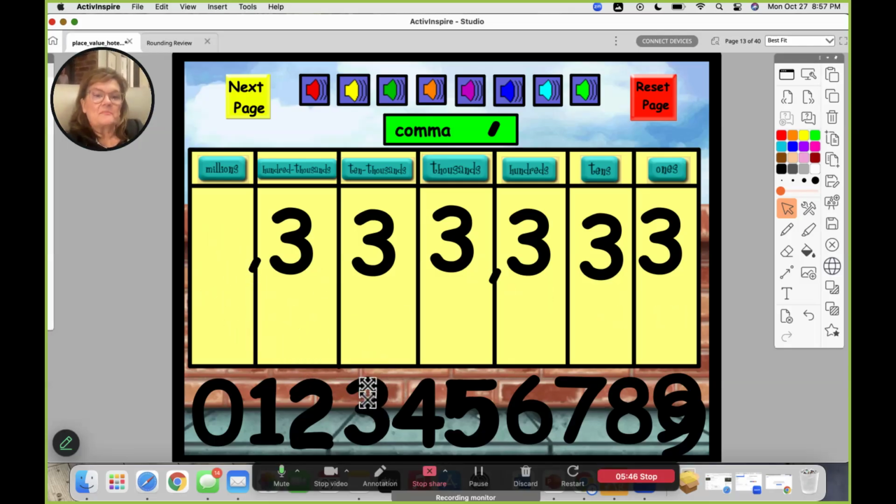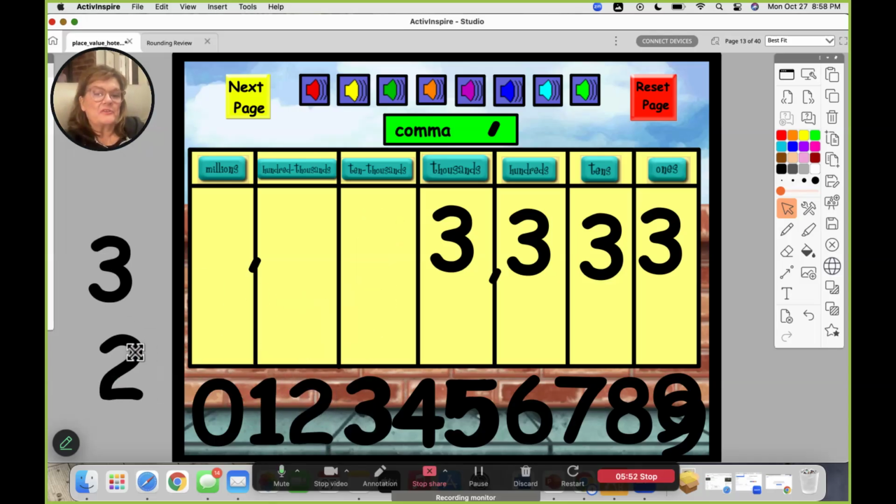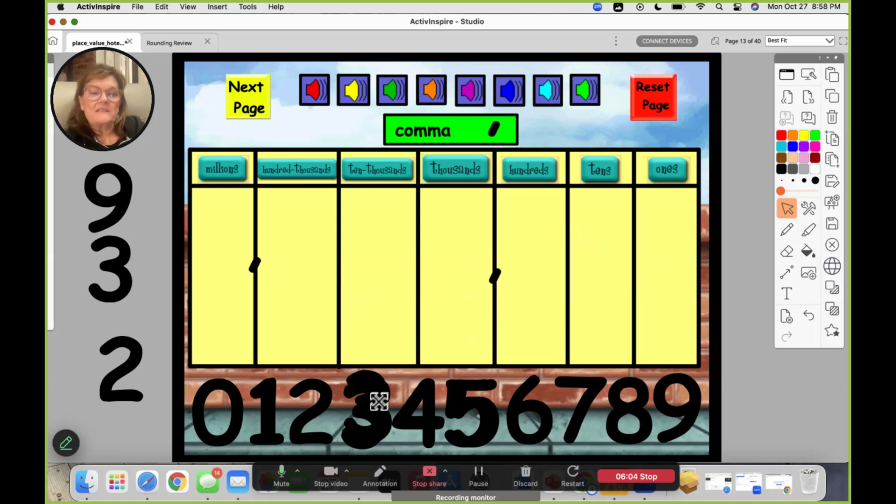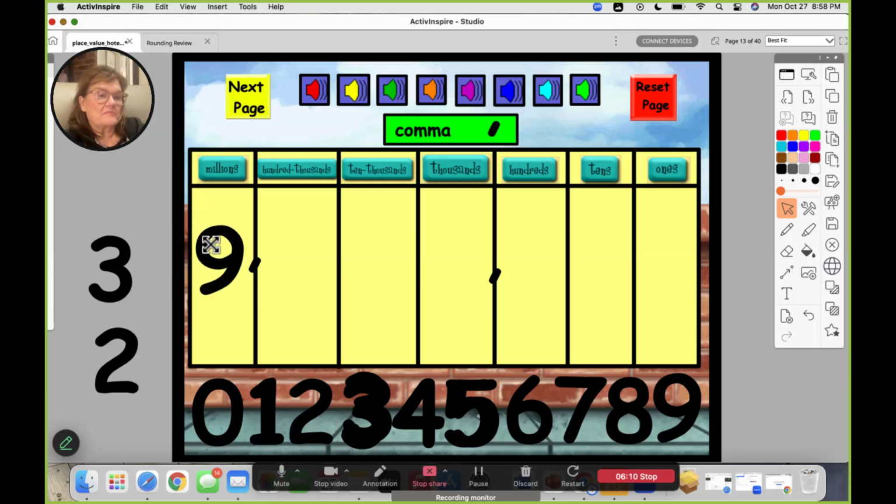So let's explore one more thing. Let's say I have the number 3 and the number 2 and the number 9. And I want to make the largest number I can using those 3 numerals. Would it make more sense to put the 2 in the millions place or the 9 in the millions place?